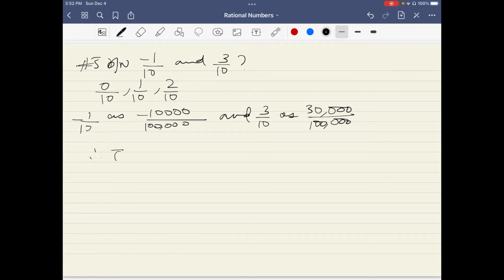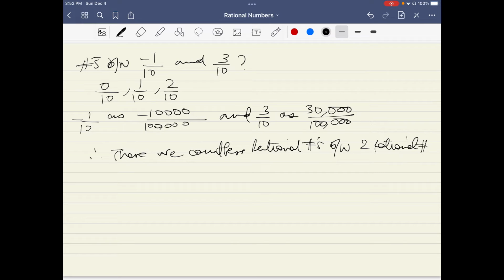Therefore, we can say that there are countless rational numbers between two rational numbers.